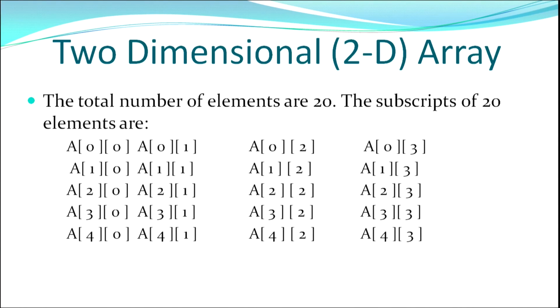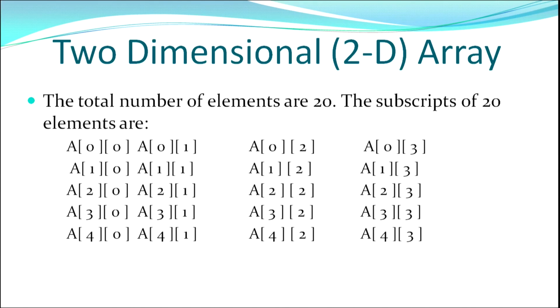The first element has the subscript 0 0. In the same row, the second element has the subscript 0 1. Why? Because the row is the same, the column has incremented. Similarly, 0 2, the row is the same, the column has incremented. So, this is how the subscripts move in an array. You have to keep track of these subscripts.